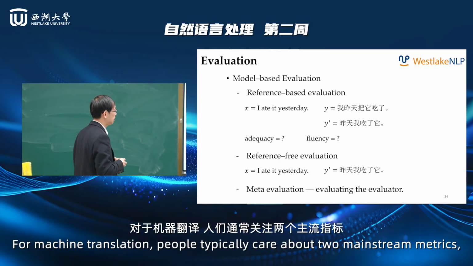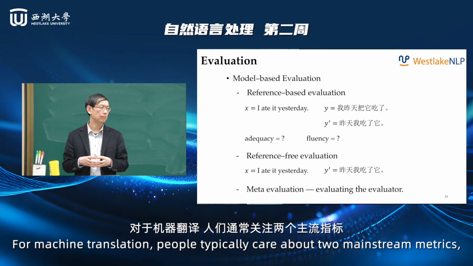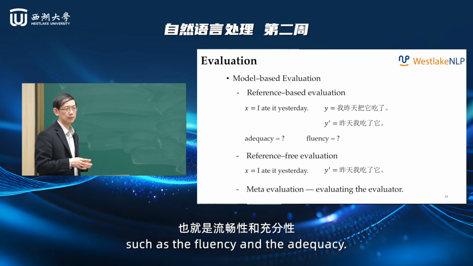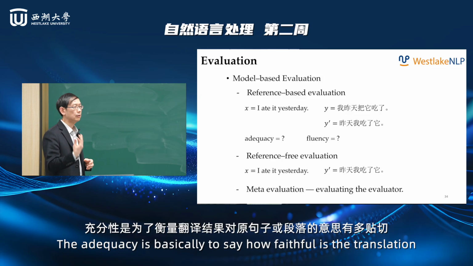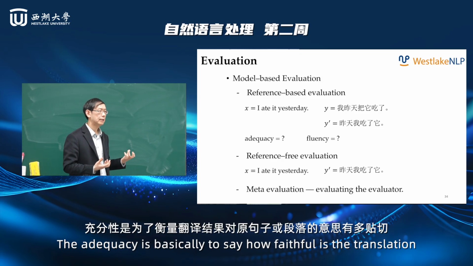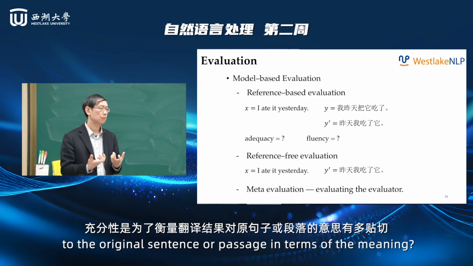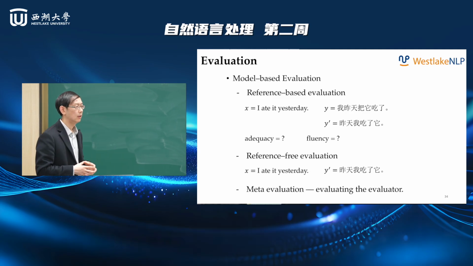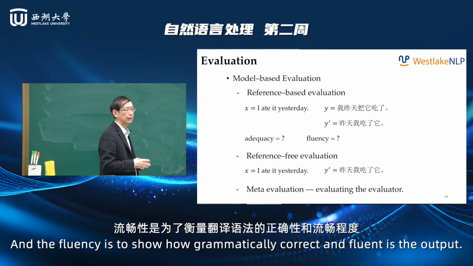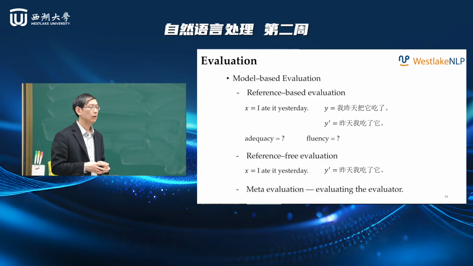For machine translation, people typically care about two mainstream metrics, the fluency and the adequacy. The adequacy is basically to say how faithful the translation is to the original sentence or passage in terms of the meaning. And the fluency is to show how grammatically correct and fluent the output is.